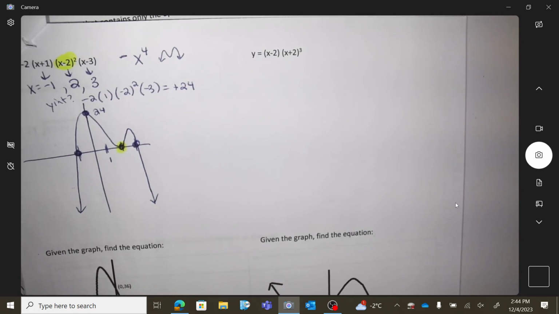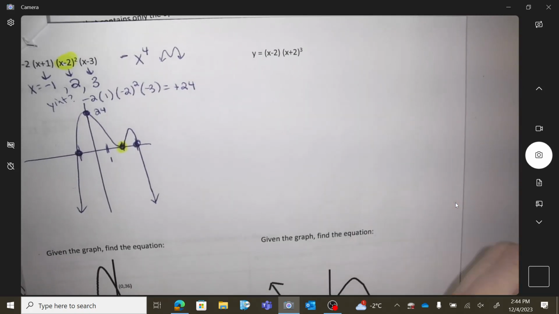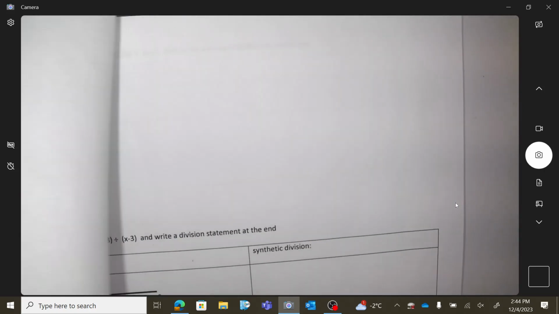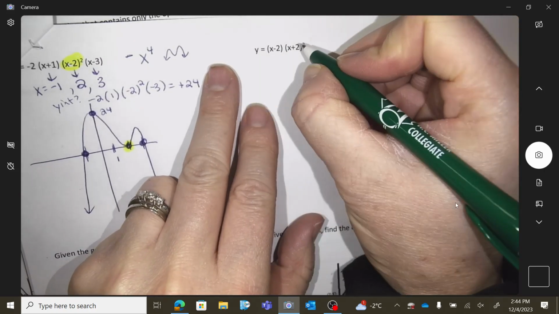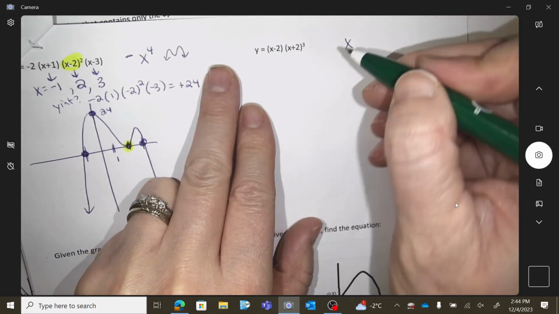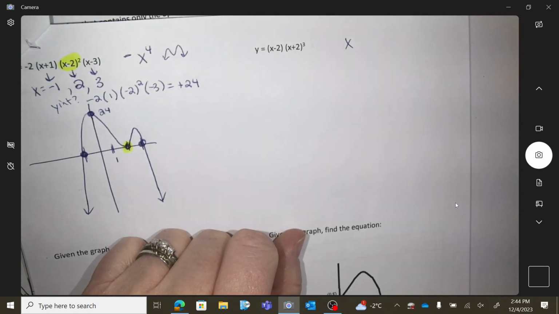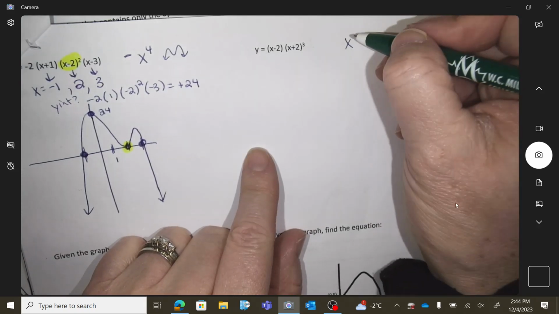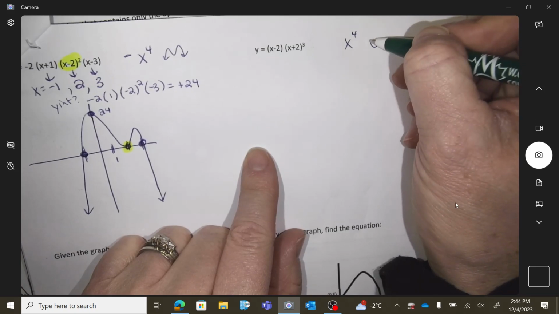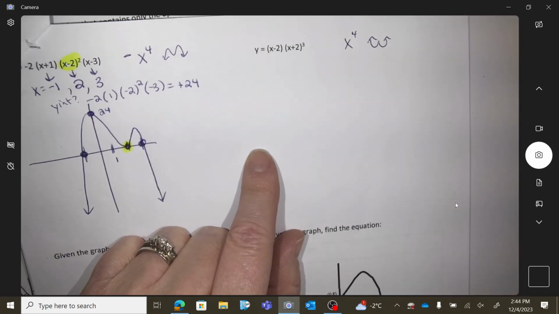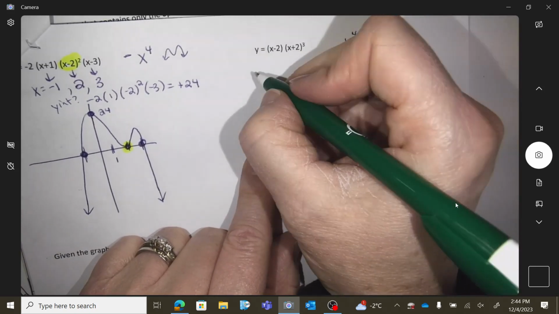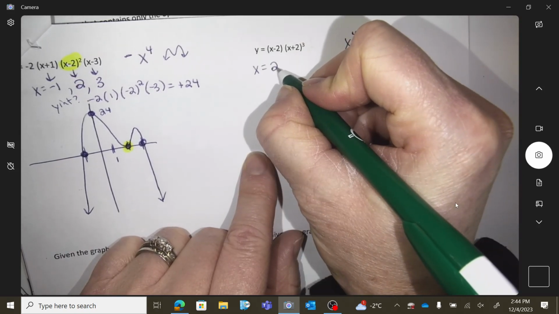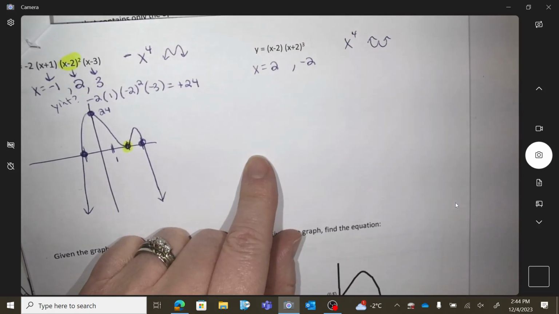Okay, last one that I'm going to graph, and then we'll do the just backwards a little bit. Okay, so this one has how many x's altogether? 4. X-intercepts are at 2 and -2.